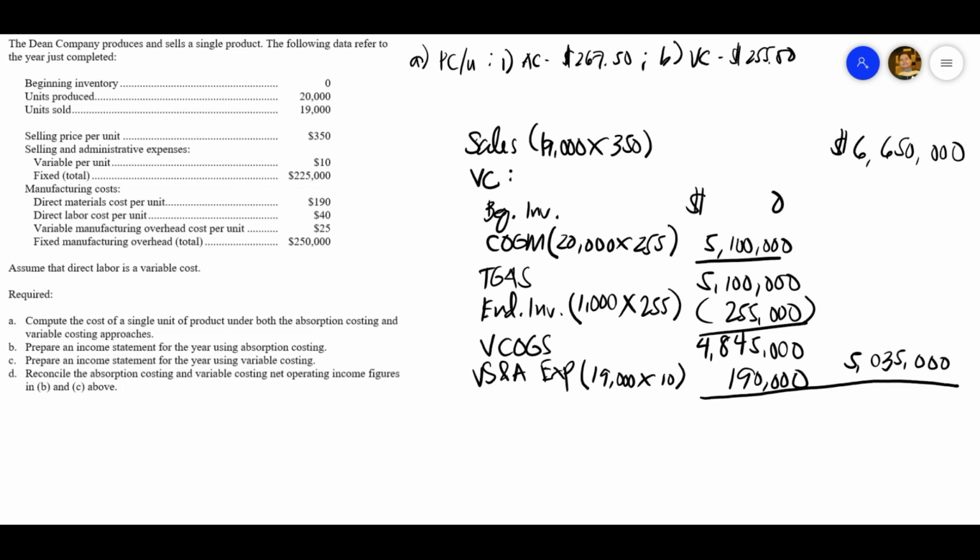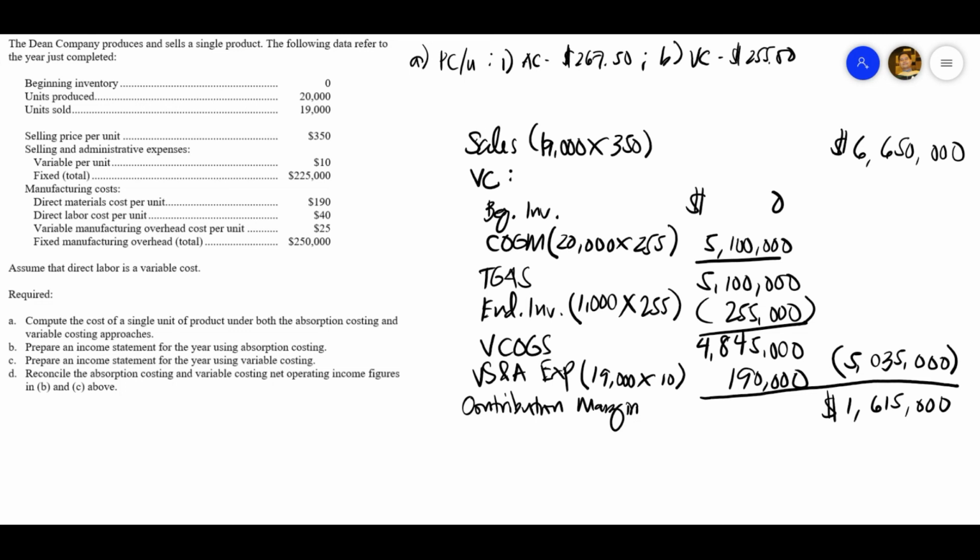And we will deduct this variable cost from your sales in order to compute for our contribution margin. Your contribution margin amounted to 1,615,000.